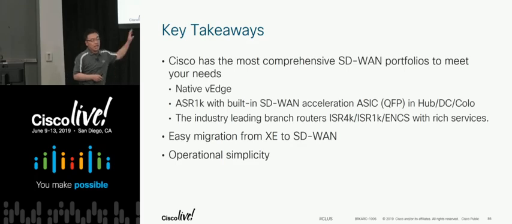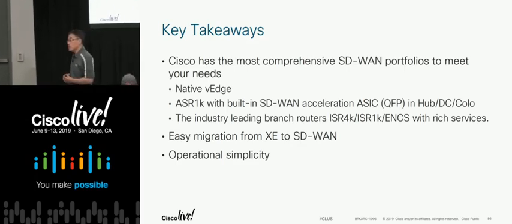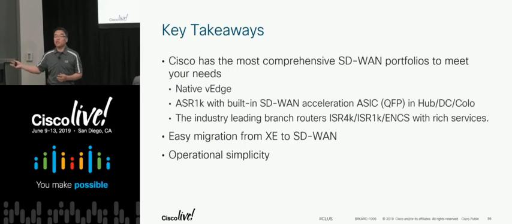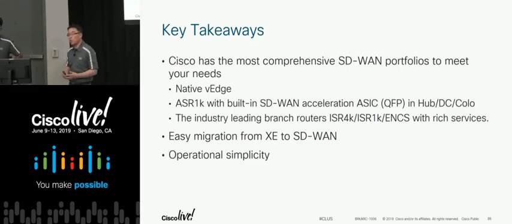So you have the industry-leading branch routers, the ISR 4000 and ASR 1000. Now, the ISR 1000 are part of the SD-WAN fabric. And if you want to connect your data center or HQ with a large amount of scale and performance, you can do that with the Cisco ASR 1000. Everything is put together in a simple way because there's a single UI to support that SD-WAN fabric.